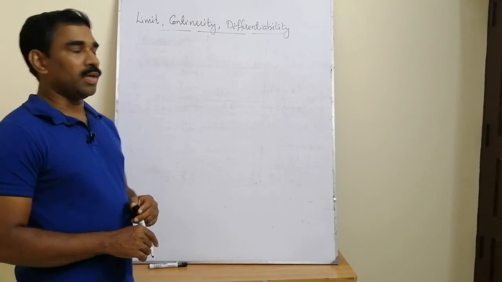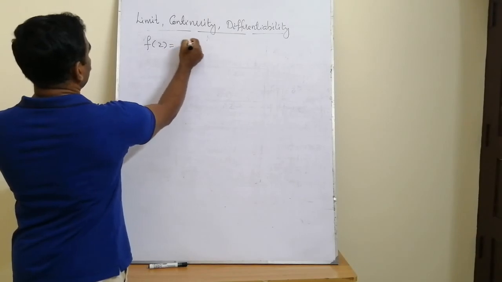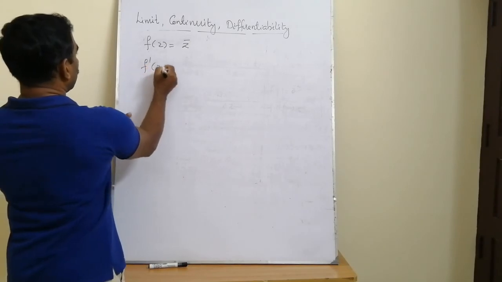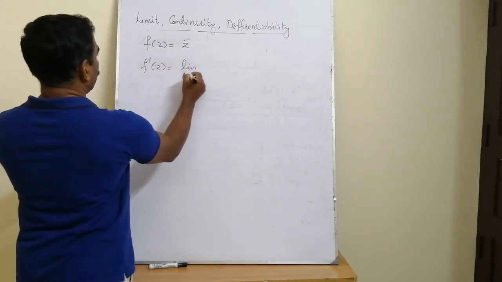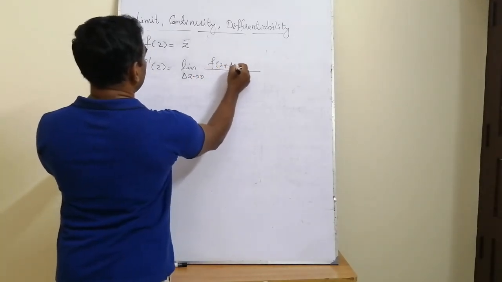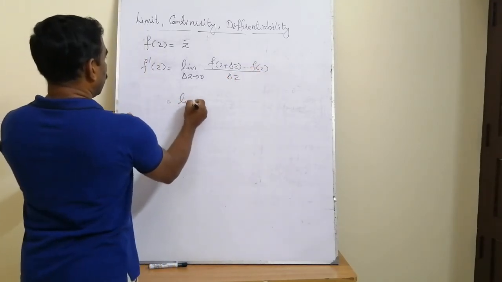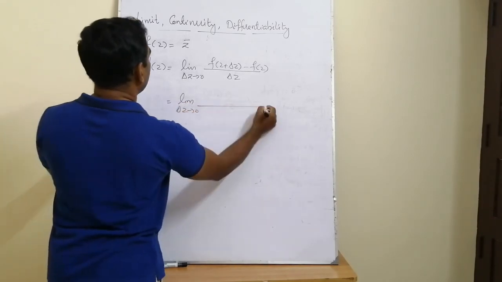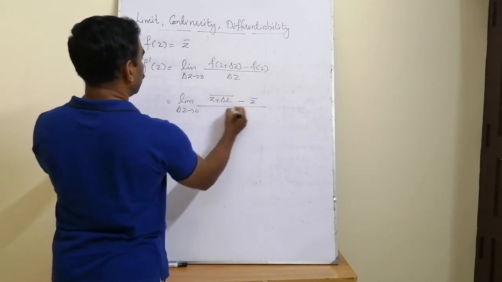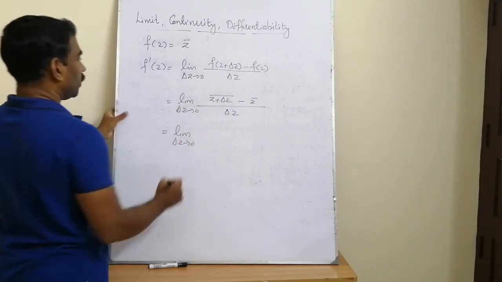All functions defined in the complex plane need not be differentiable. For example, if we consider the function f(z) = z̄, this function is not differentiable, because if we compute its derivative using the basic definition, f'(z) is the limit as Δz tends to 0 of [f(z + Δz) − f(z)]/Δz. That is, the limit of [(z + Δz)‾ − z̄]/Δz.